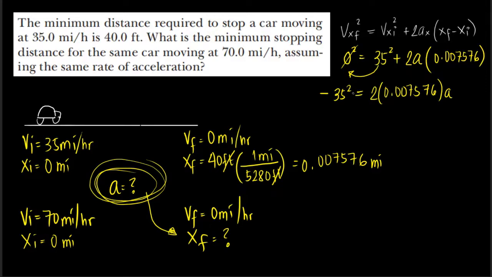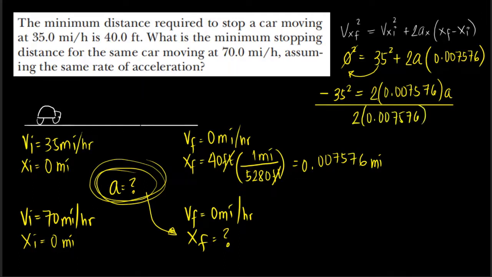So this stays negative despite being squared. If you get confused, you'll find out later. To get rid of 2 times 0.007576 on this side of the equation, we divide both sides by that value.